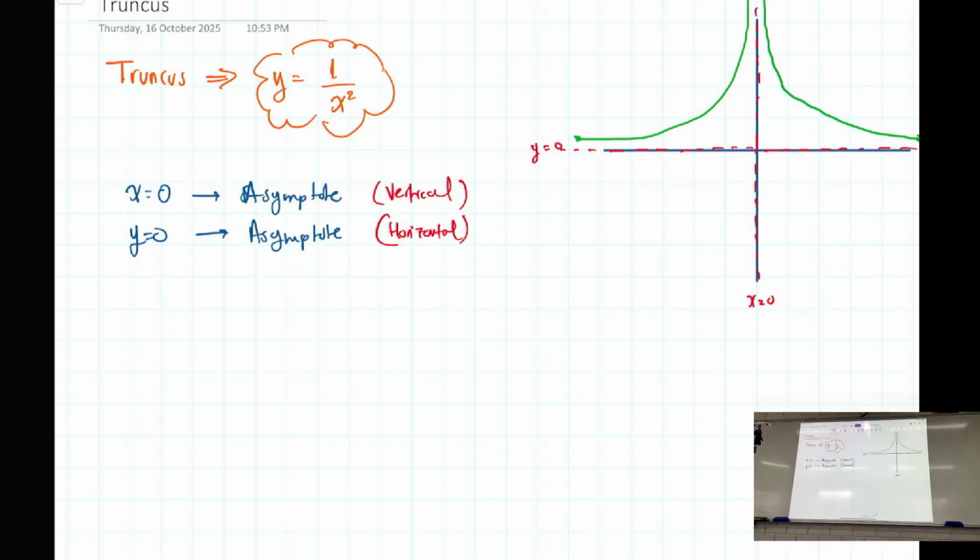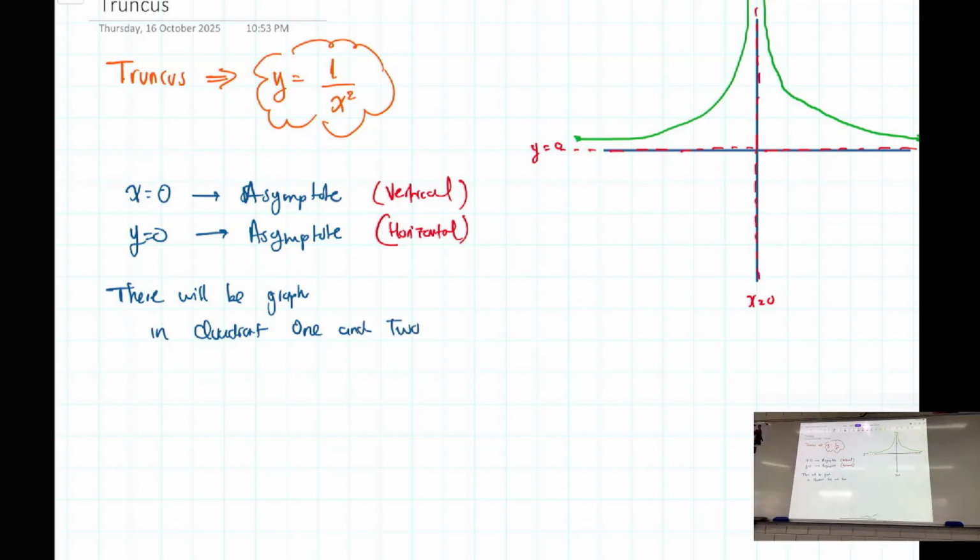So it's like the graph in quadrant 1 and quadrant 2.